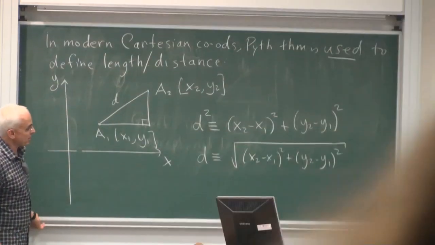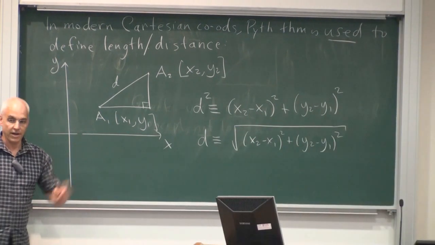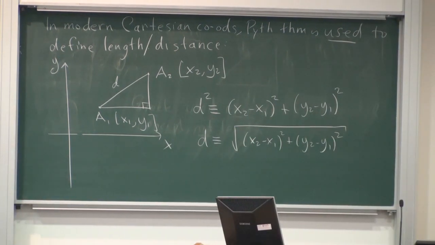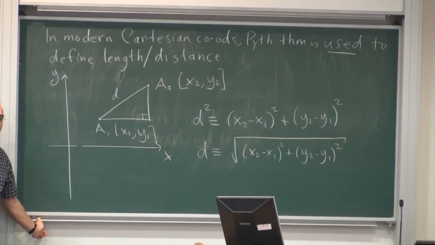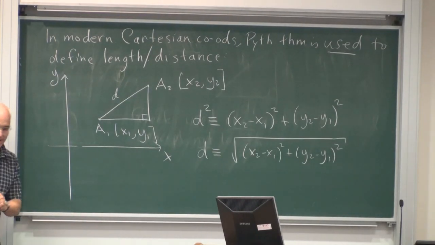So the modern formula for distance between 2 points relies on Pythagoras' theorem. Now at this point I'm obliged to correct something that Stillwell says, which I don't think is really correct, and it's a point that's a little bit of a source of confusion in other places too.